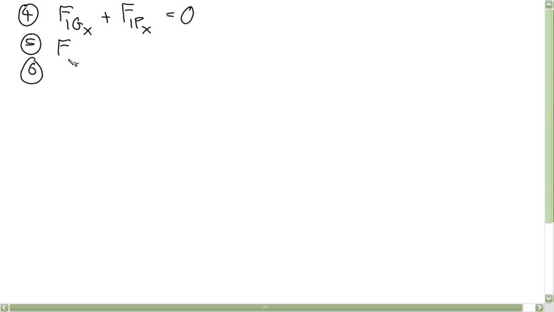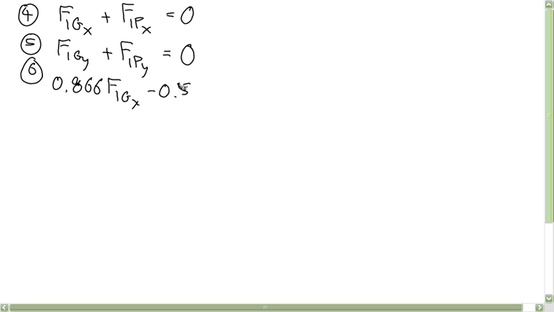You got f1gy plus f1py is equal to 0. And I just rearranged these terms. Positive 0.866 f1gx minus 0.5 f1gy is equal to 0.